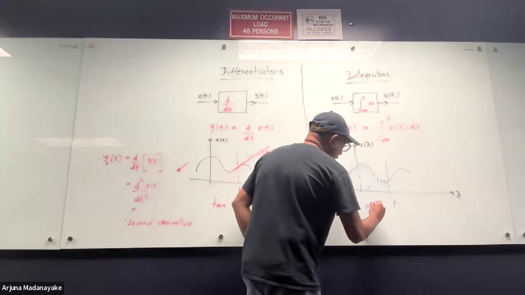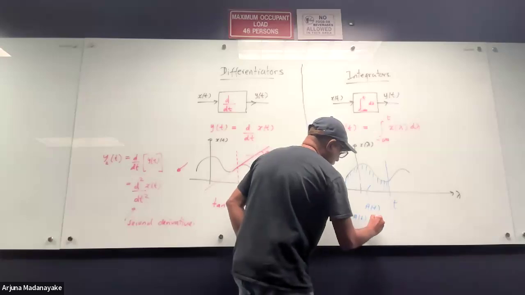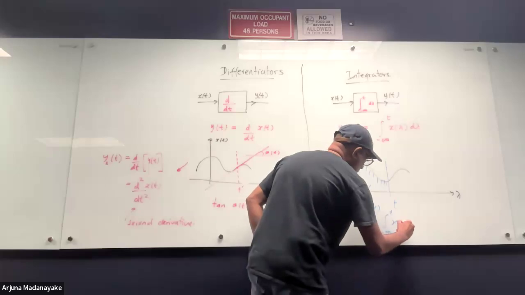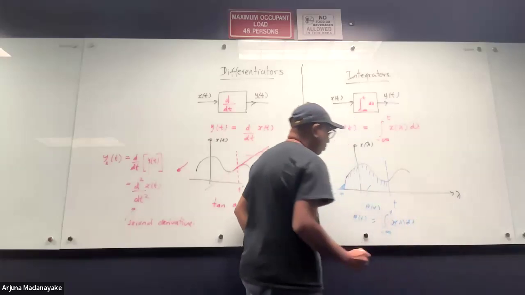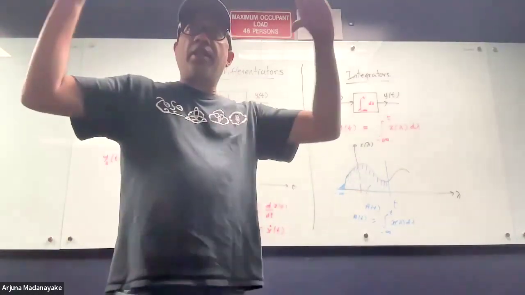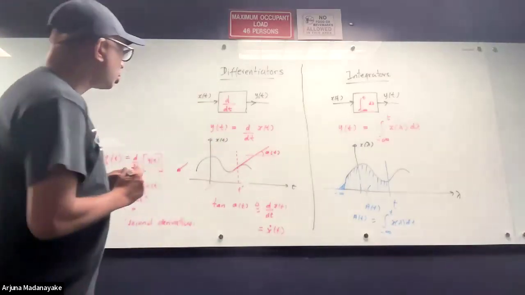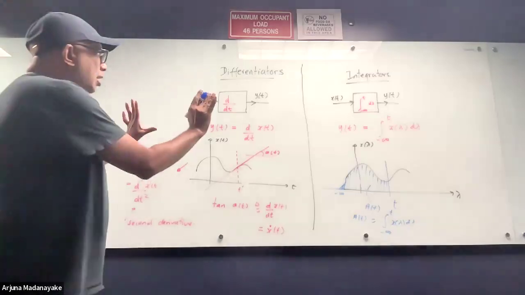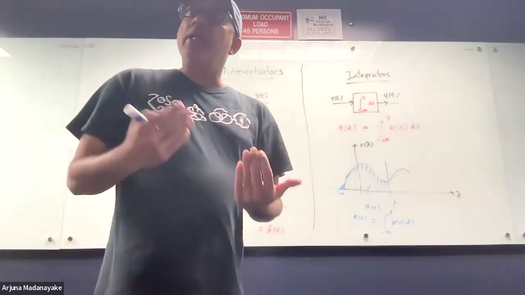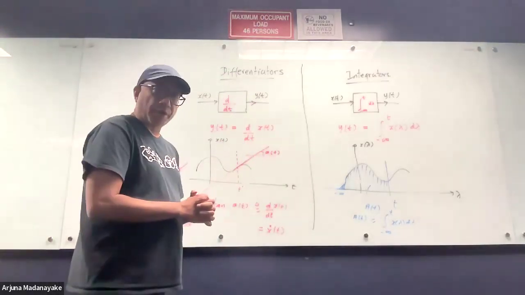So this area as a function of t is equal to the integral, so it keeps track of all the real estate under the curve from the time the curve started to now, right? So that's by definition. So it turns out that these two operations, differentiation and integration, are also falling under linear and time invariant operations.